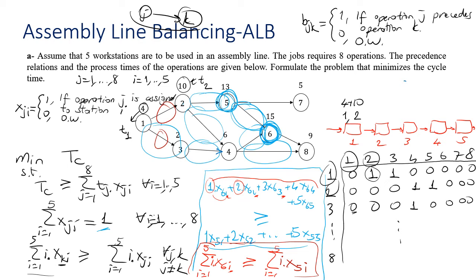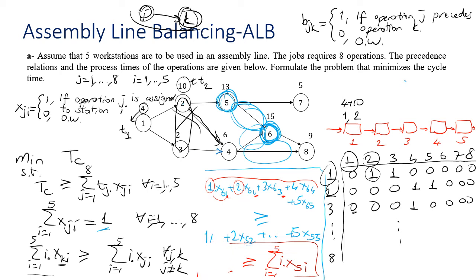But of course, what should be the case? This j and k must have a precedence relationship. Like in this one over here, 2 and 3 doesn't have a precedence relationship, so I shouldn't write this constraint. Only if there is a precedence relationship, I should write it. And actually, there are two methods to write it.